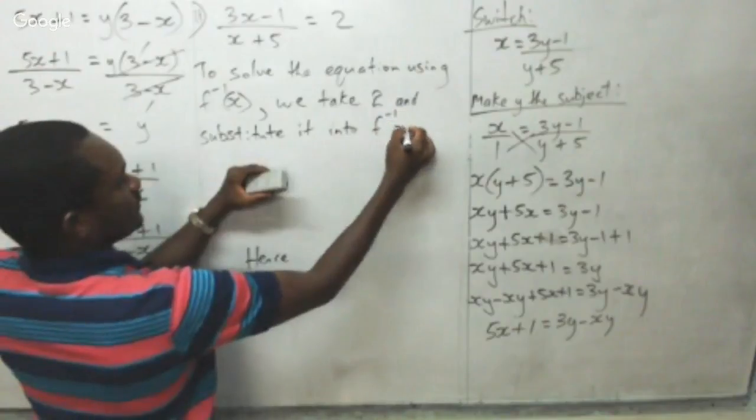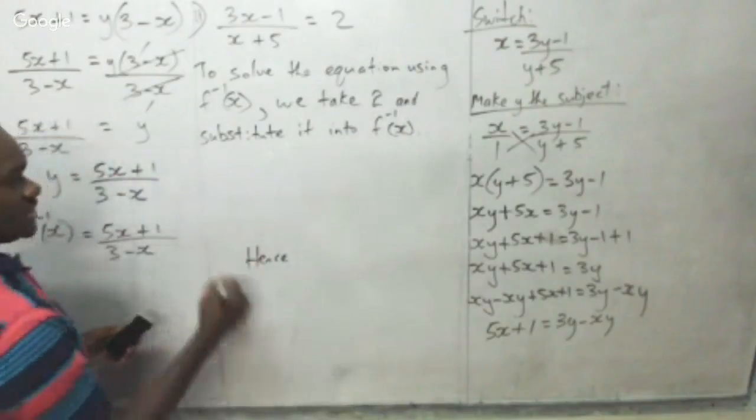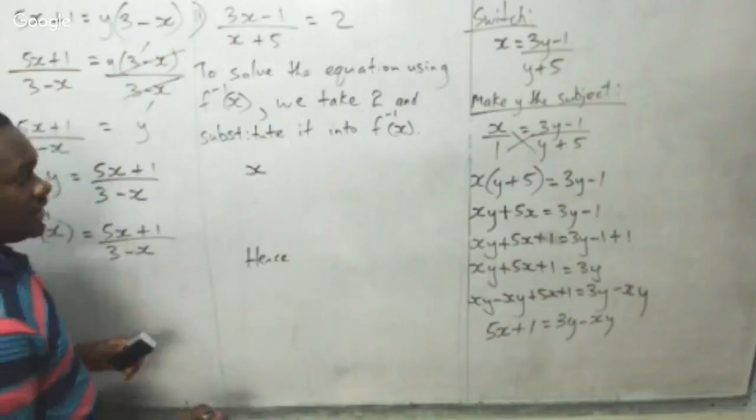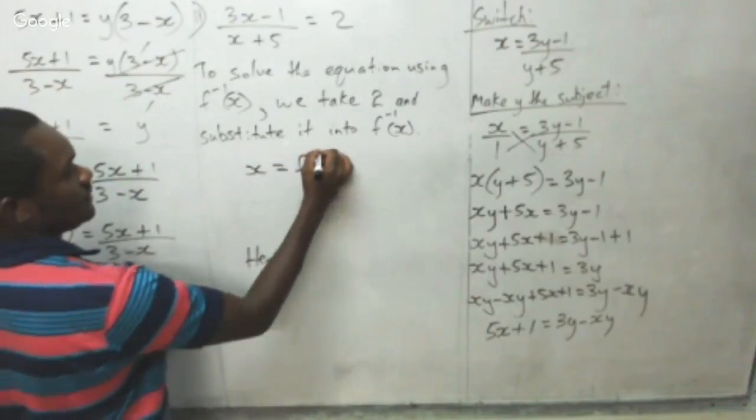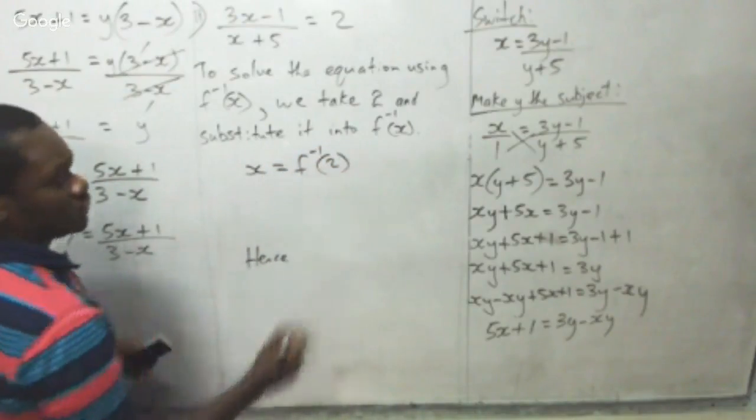So essentially x is what we're solving for. x is going to be equal to f inverse of 2.